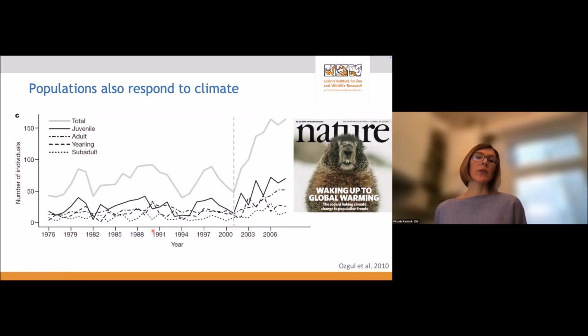Importantly, changes in climate affect not only phenotypic traits, but of course also populations. In response to warming temperatures, populations of some species have increased. So if we stay with the example of the yellow-bellied marmot, individuals with larger body masses had higher survival rates, which led to a very quick, abrupt increase in the population size over the last two decades.